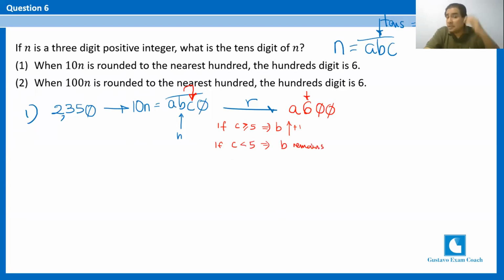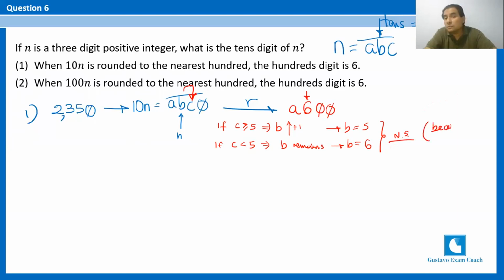Either B was 5 and it got promoted up to 6, or B was already 6. So from this, B should have been 5, and from this, B should have been 6. Two possibilities, not sufficient.